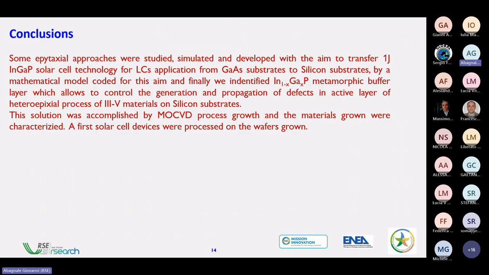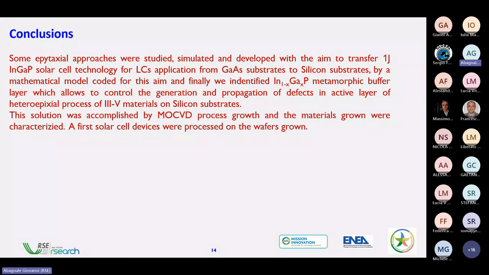So in conclusion, we studied different epitaxial processes, simulated and developed with the aim to transfer one-junction indium gallium phosphide solar cell technology for LSC applications from gallium arsenide substrate to silicon substrate.